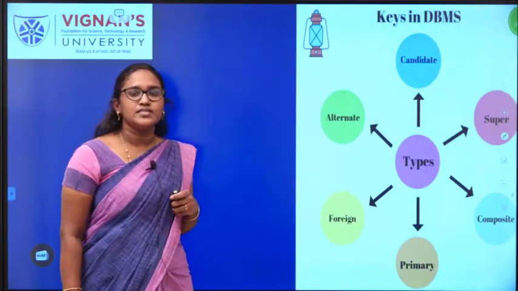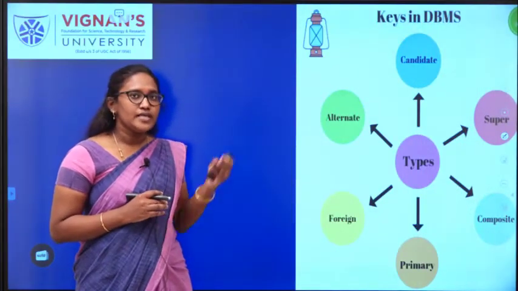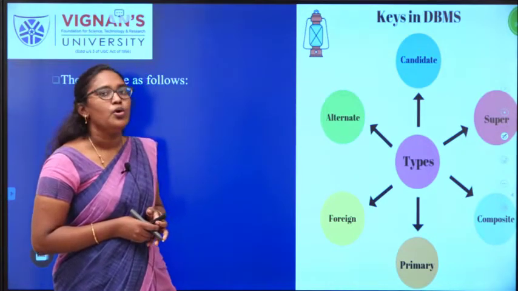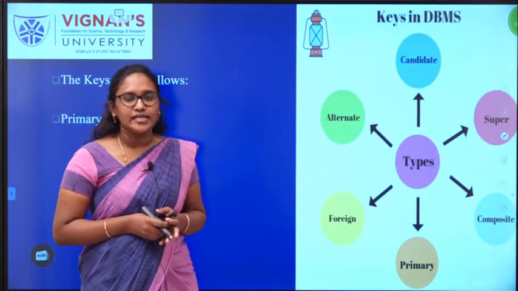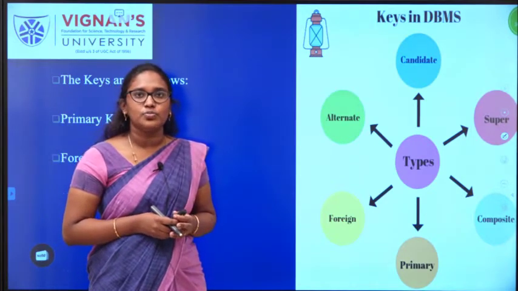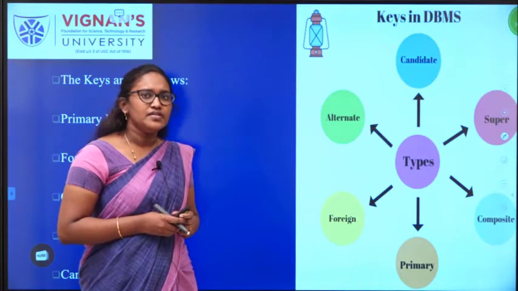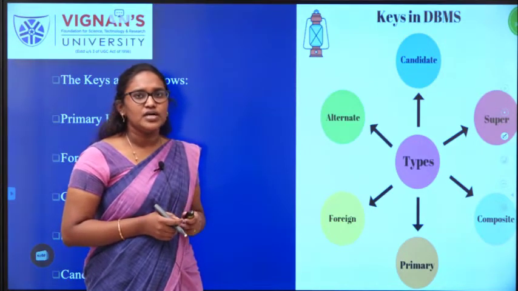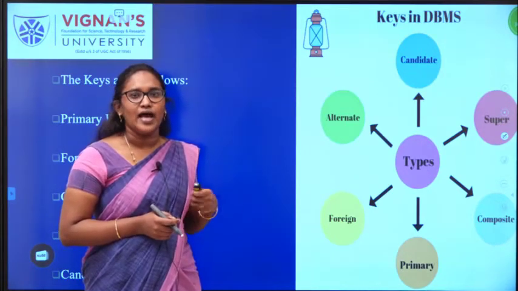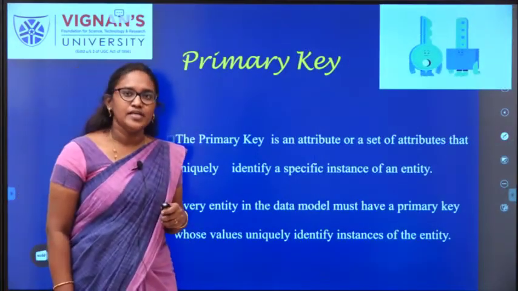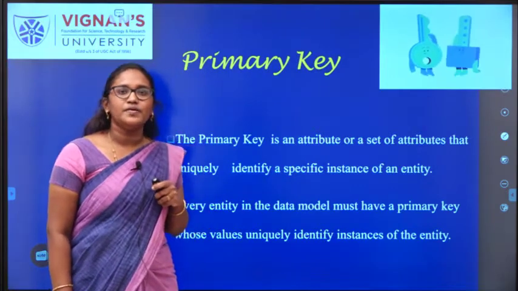Types of keys in a database. Based upon their functionalities, the keys are classified into primary key, candidate key, alternate key, super key and composite key. Now, we will see how these keys work and what the need of having these keys is. So, the first key is the primary key. What is the meaning of a primary key?